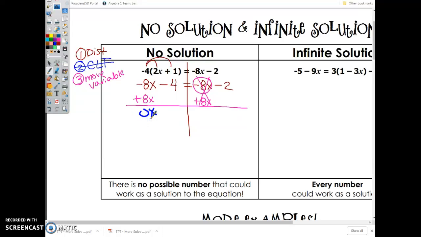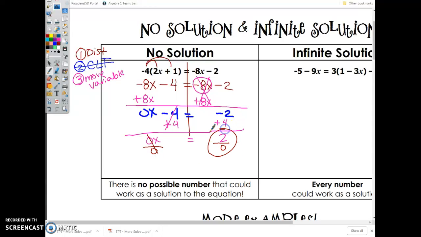Right? Bring everything else down. -4 equals -2. We're still solving for x. So you're like, okay, well, let me add 4 to both sides. That gives me 2 equals 0x. And then you're like, oh, well, the x and the 0 are multiplying, so I divide it by 0.